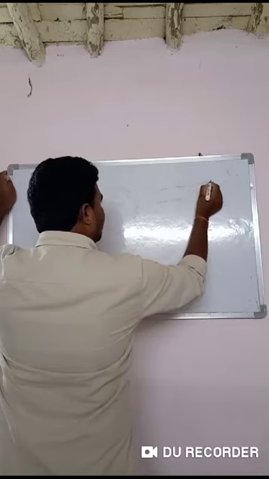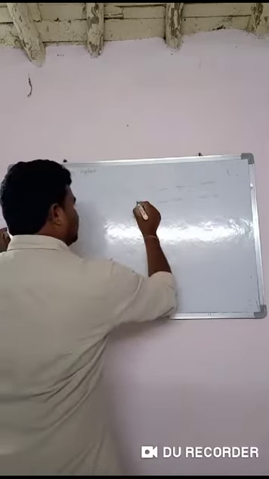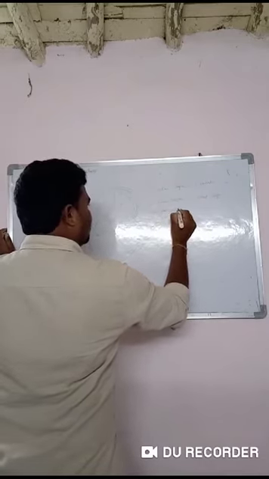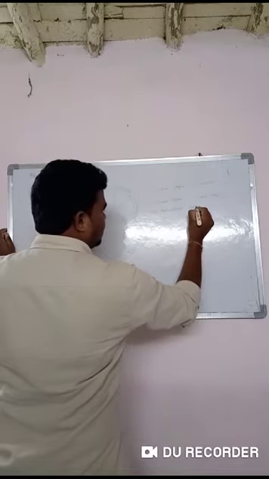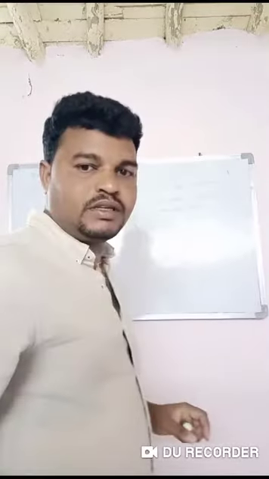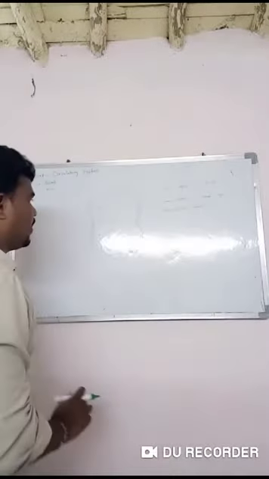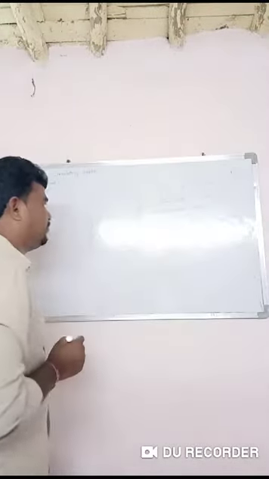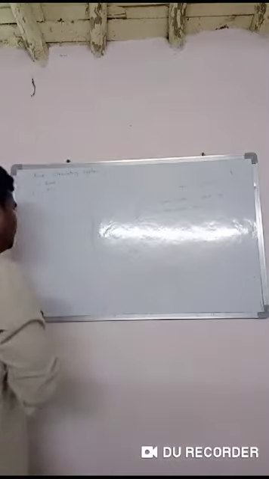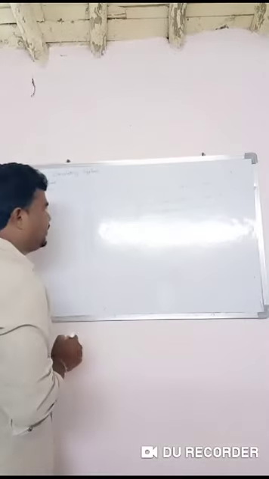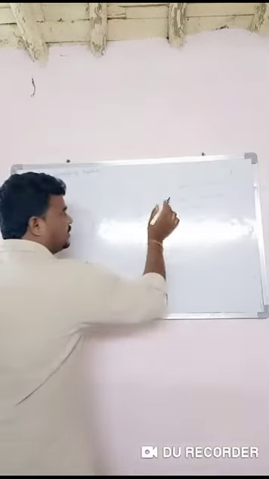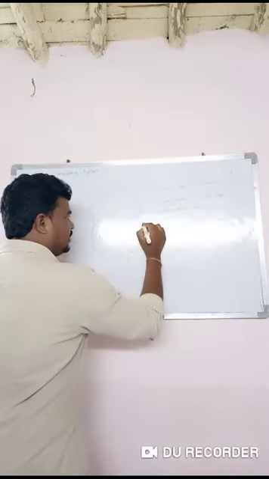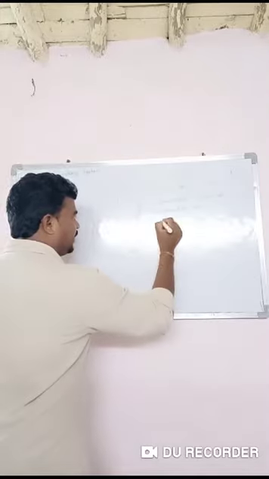Between these two layers there is a small space, called the pericardial space.